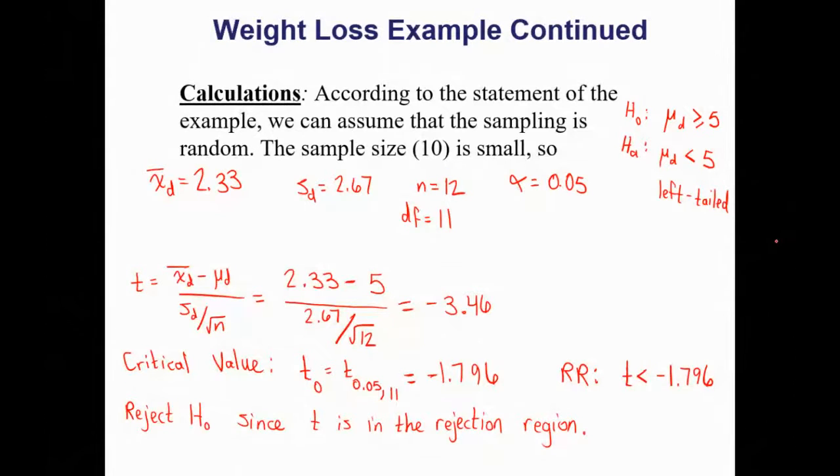So what if we're rejecting the null? That means there is sufficient evidence. Would we be supporting or rejecting the claim? Remember, our claim is H naught.